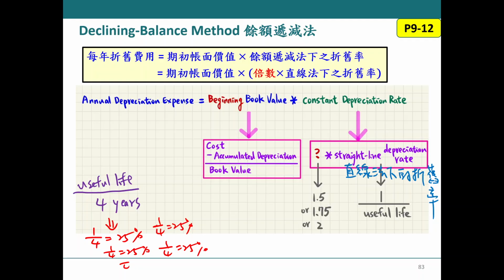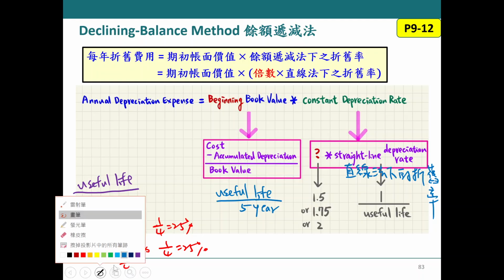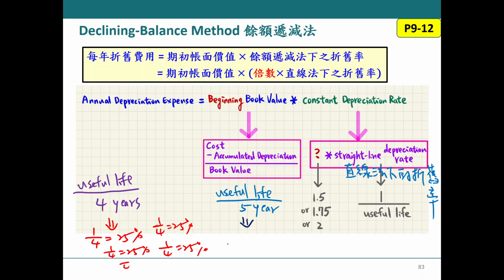Okay? Then how about if we assume your useful life is 5 years? Can you tell me your value decreases how many percentage? First year, 1 divided by 5, 20%, right? Second year, 20%. Third year, 20%. Fourth year, 20%. Last year, 20%.